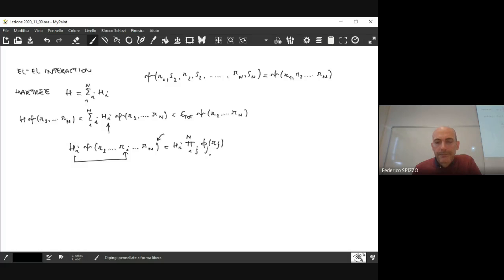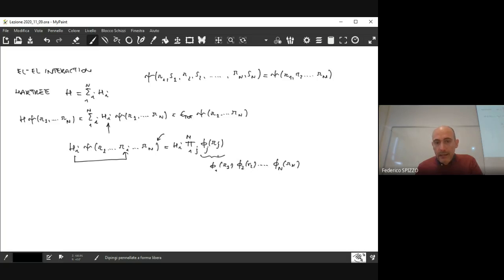So in this case, what one tries to do is to rewrite the full n electron wave function as a product of single electron wave functions. So this is just the product of all the possible wave functions that you may have in the system, considering the total number of electrons that you have at disposal, and then you make just the product of those.